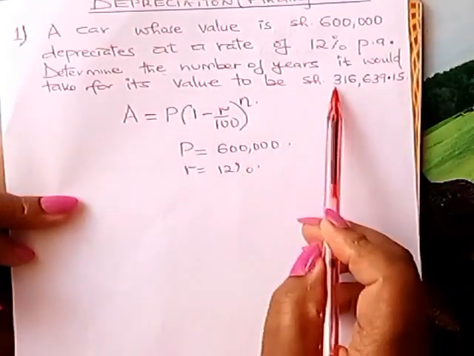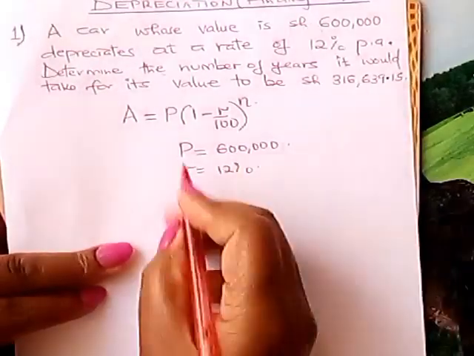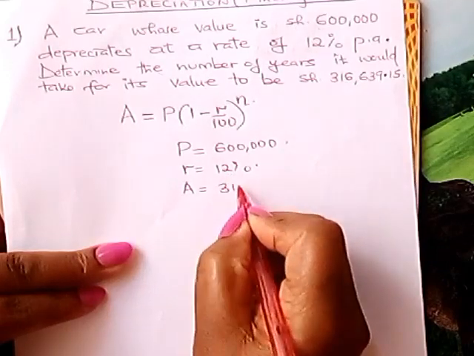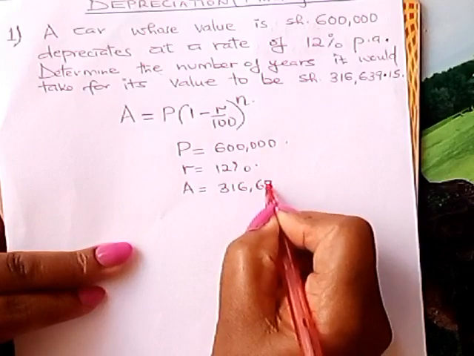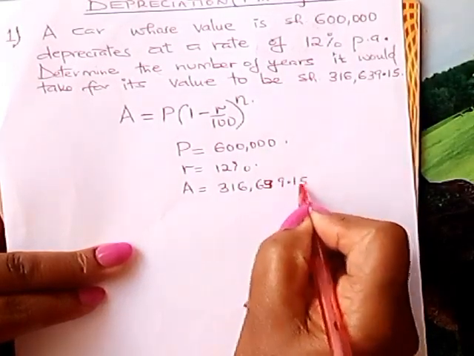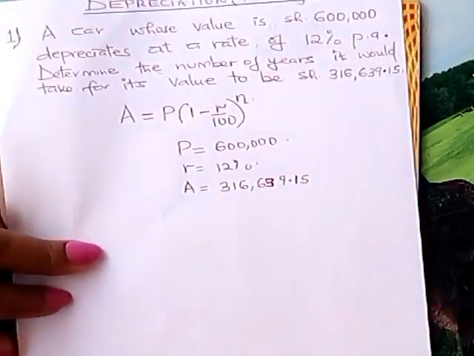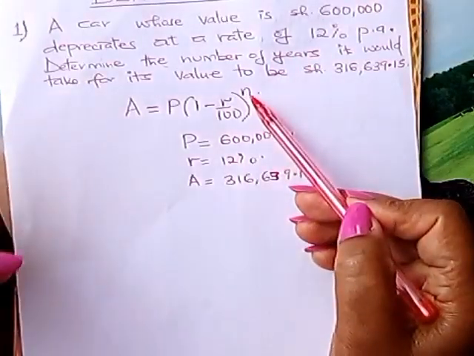And then we also have the amount, the second price after depreciation. So the amount is A, A is equal to 316,639.15. So learner, you are told to find the number of years. This N here.